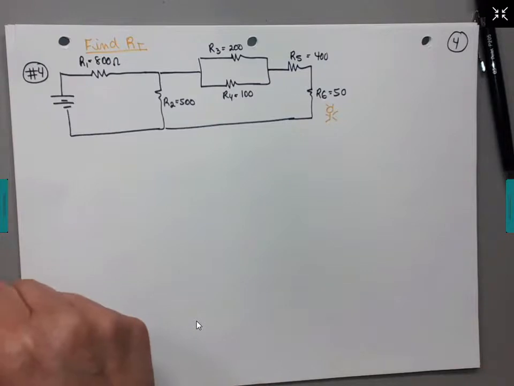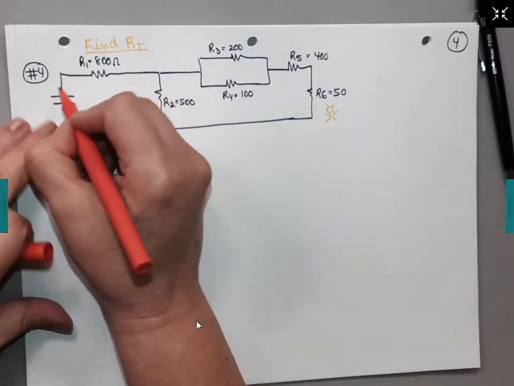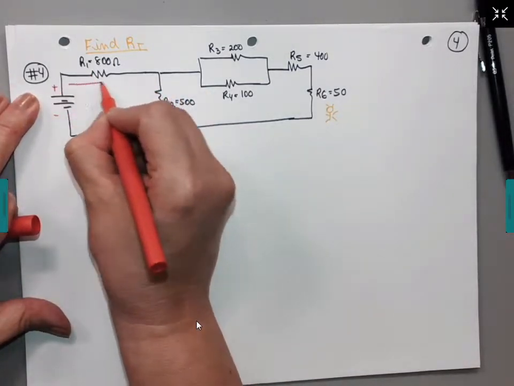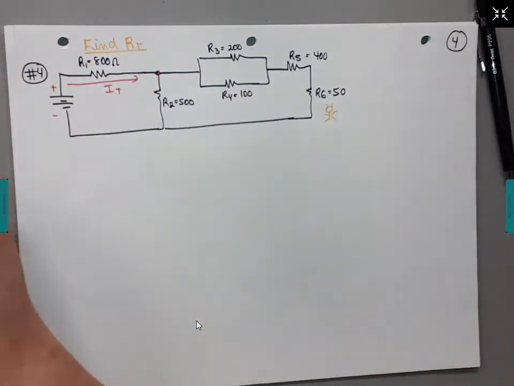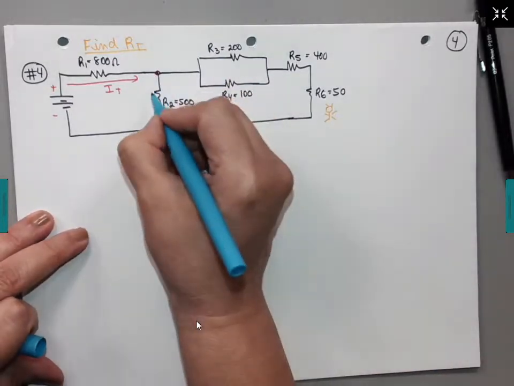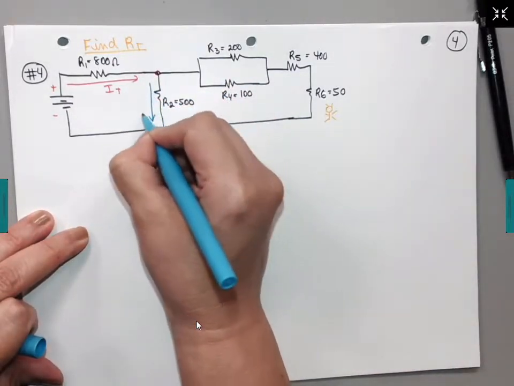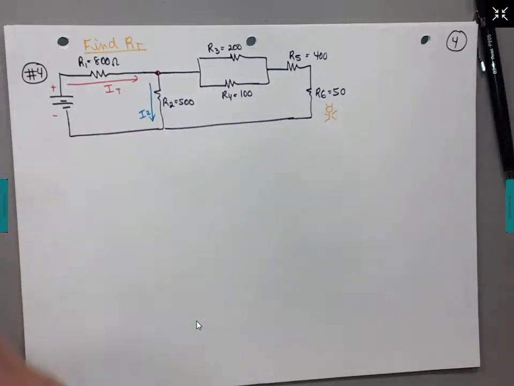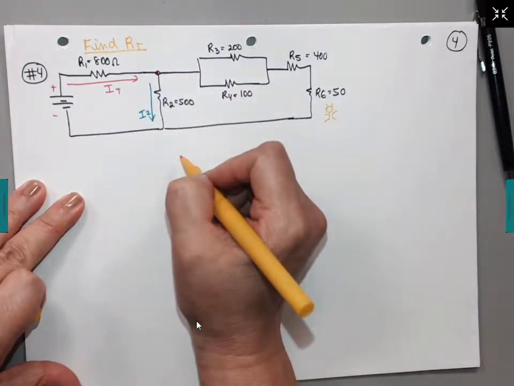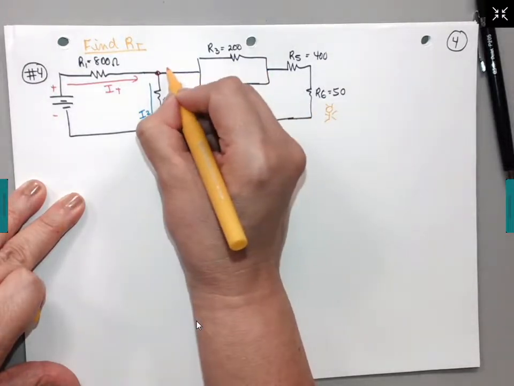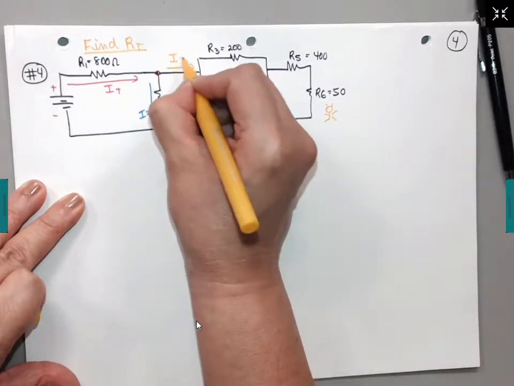So right here, think about current coming out. It is IT. At this point, it's going to split into I2 and into I3. Let's call it I3.